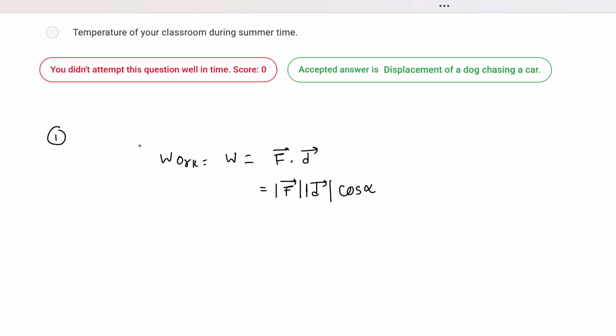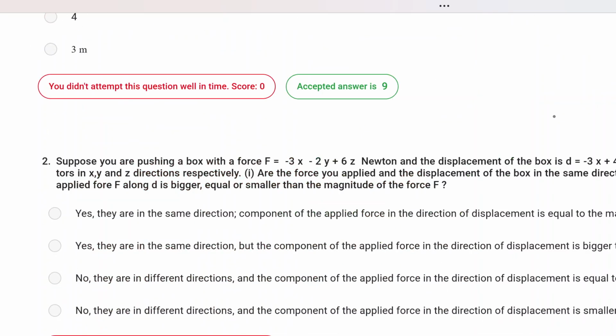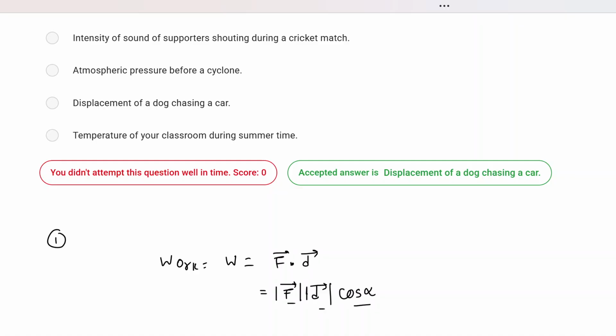So this is the expression of F dot D: F modulus, D modulus, and cos alpha, right? This is the generic formula for dot products. But whenever you have the vectors already expressed in the directional components of unit vectors, like F equal to 2x cap plus 3y cap plus z cap, F is a vector that has components along 3 of the unit vector directions, right?